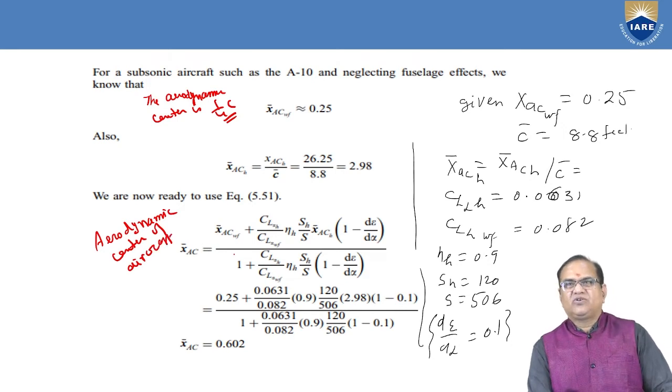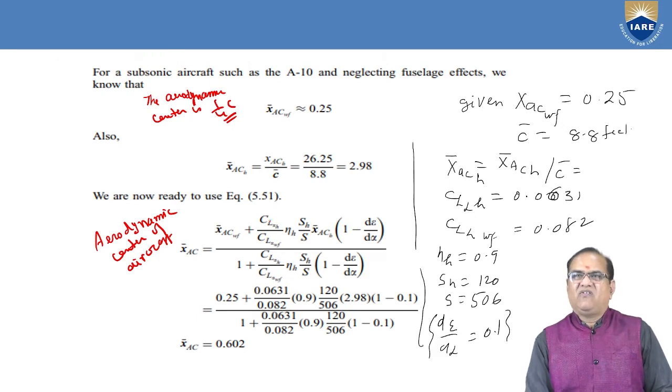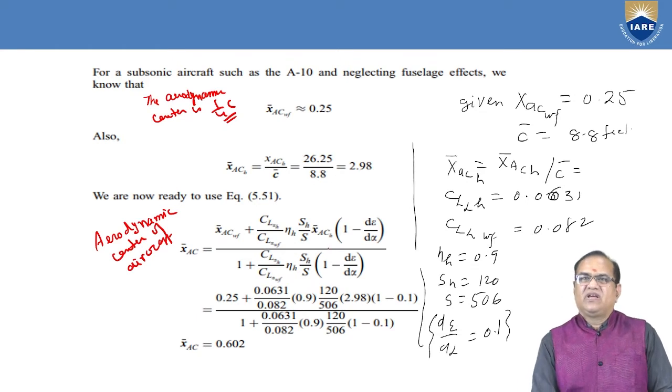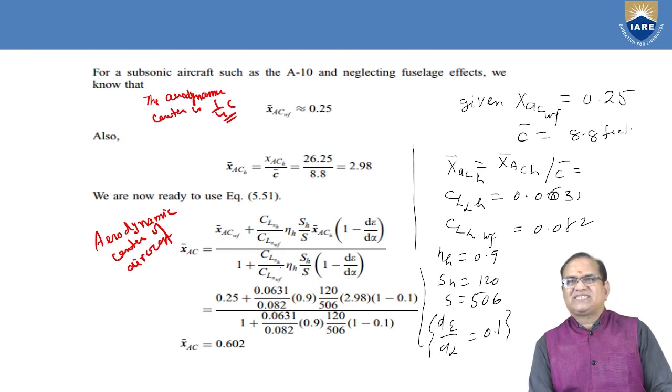X bar AC is equal to X bar AC wing fuselage plus CL alpha H divided by CL alpha wing fuselage, times eta of the horizontal tail, times area of the horizontal tail divided by area of the wing, times X bar ACH times 1 minus d epsilon by d alpha, divided by 1 plus CL alpha H by CL alpha wing fuselage, times eta H, SH by S, times 1 minus d epsilon by d alpha.